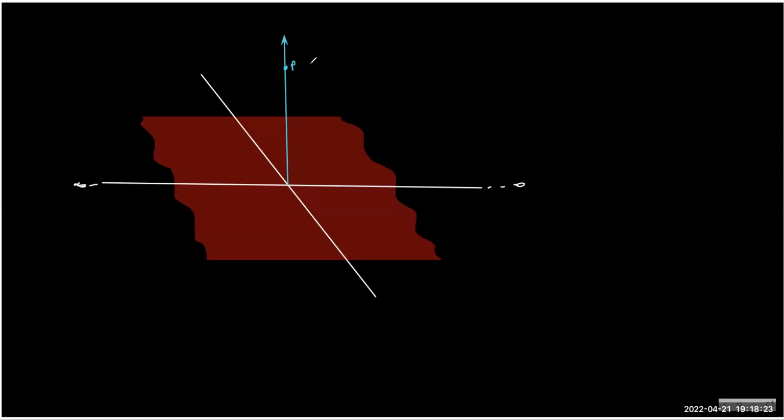If I call the point P, let's take some value. This is the x-axis, y-axis, and this is the z-axis. This is (0, 0, z), so z is the location. I'm just trying to find the answer.